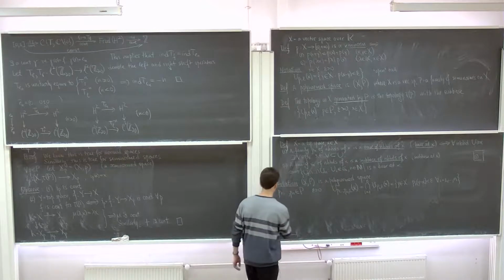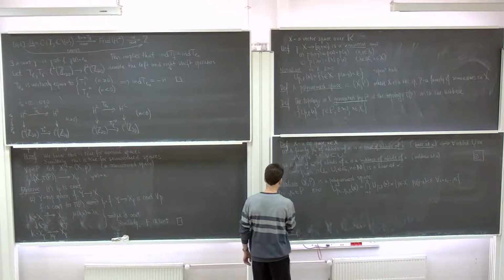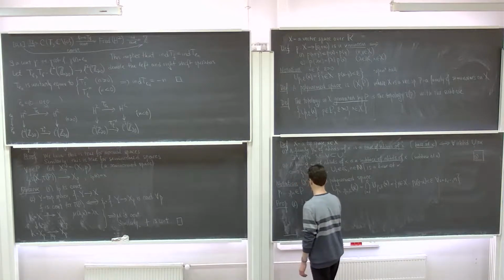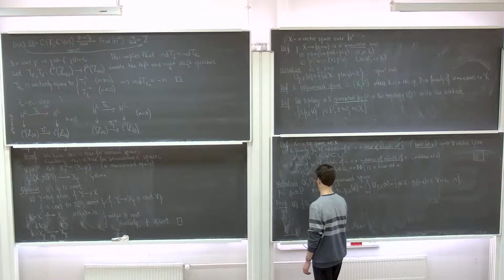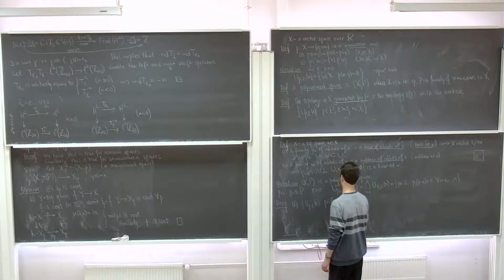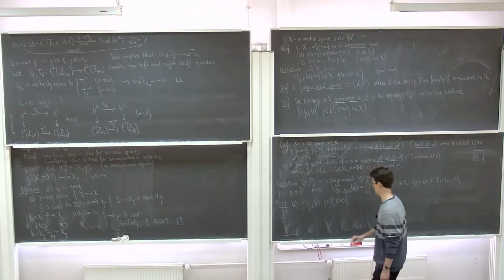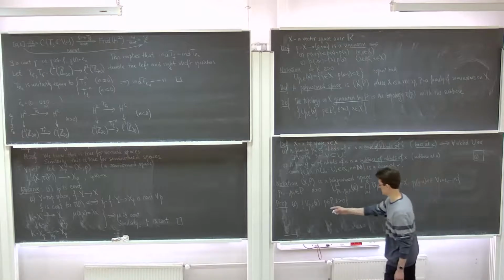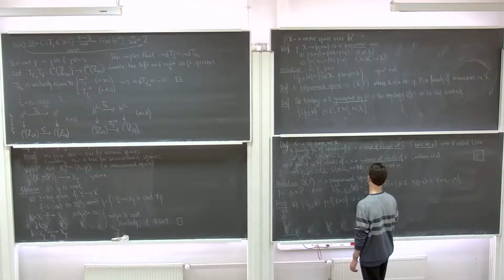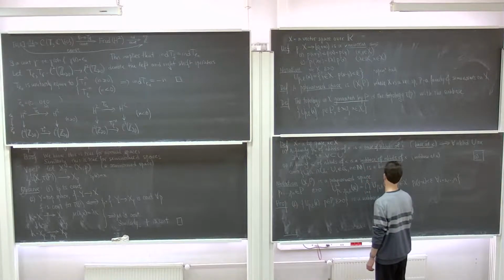And we have the following simple result. Proposition. First of all, the family of all open balls centered at x, U(p, epsilon) of x, where p runs over big P and epsilon runs over positive integers, or positive real numbers, is a subbase of neighborhoods of x. A subbase at x.